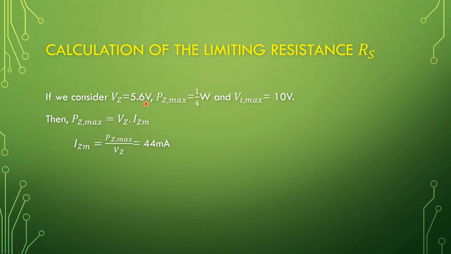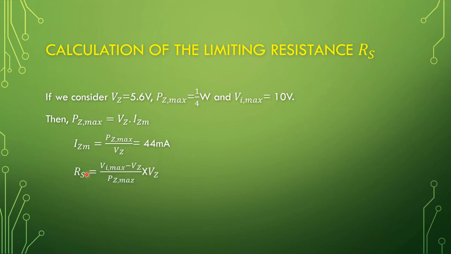Here we consider a 5.6 volt Zener diode voltage. If you consider a 4.7 volt Zener diode voltage, then you can divide the power by 4.7 volt, and here you get your result. So this is the IZM value.